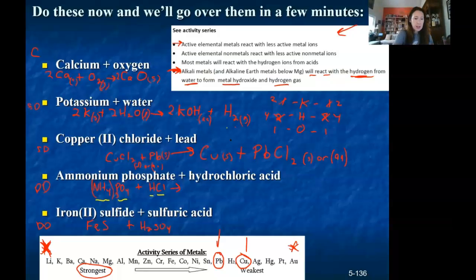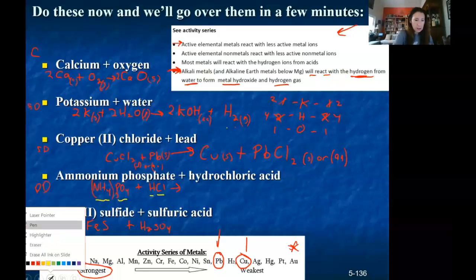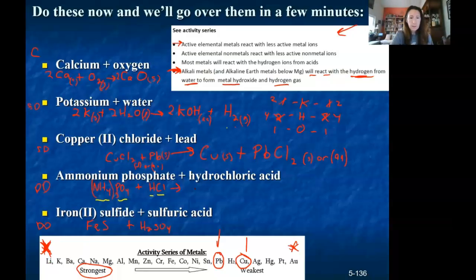Okay, so let's look at our double displacement. Remember, whoever's first stays first. Okay, another thing we need to remember. The reason this 3 is right here is because phosphate's charge is a -3 and ammonium's charge is a +1.